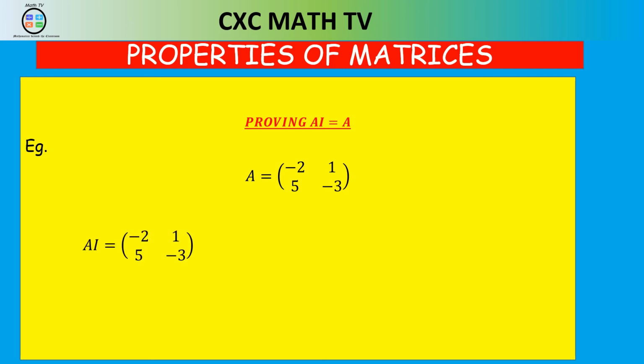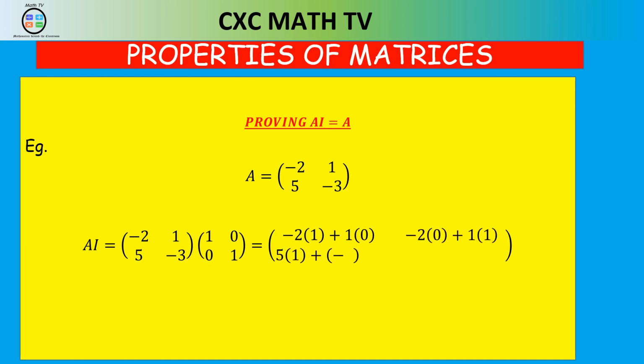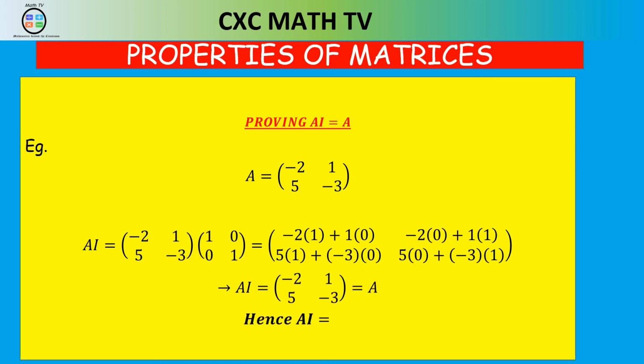We go row by column. Negative 2 times 1 plus 1 times 0. And then negative 2 times 0 plus 1 times 1. 5 times 1 plus negative 3 times 0. And then 5 times 0 plus negative 3 times 1. That works out to be negative 2, 1, 5, negative 3. But that is still A. So realize that when we multiply any matrix A times the identity, we get back our matrix A.